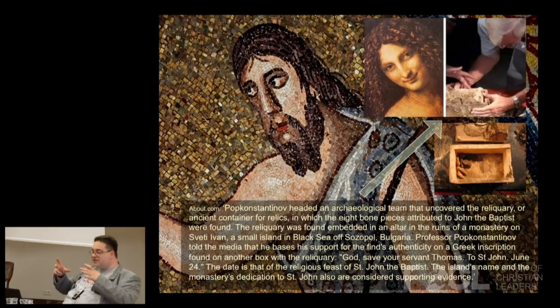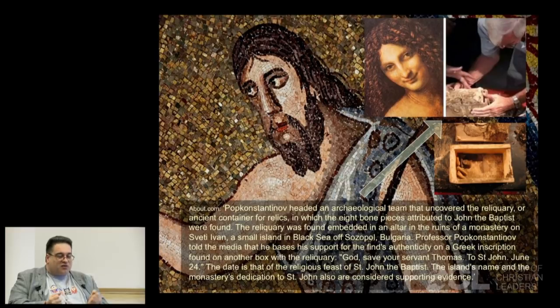Now, this reliquary was found embedded inside the altar in the ruins of a monastery on an island called Sveti Ivan in the Black Sea, just off Sozopol in Bulgaria. Of course, Sveti Ivan is the island of John.